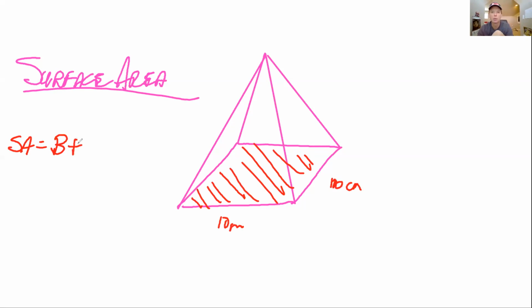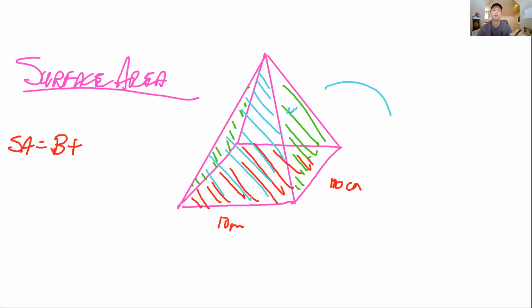Plus, and this is where it gets a little bit tricky. Now I've got, do you see the 4 triangles here? I'll see if I can shade some. Here's one of the triangles on the right side. And here's a triangle on the left side. Then I'll maybe change color here. This one here is the triangle on the front side. And then there's one around on the back side.